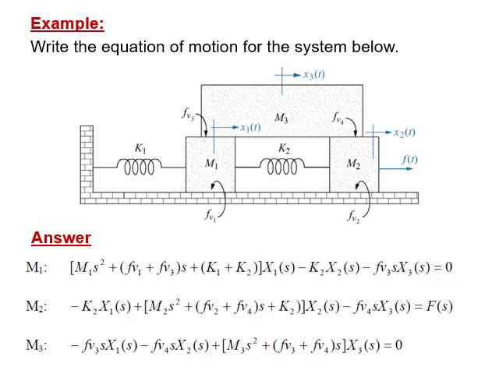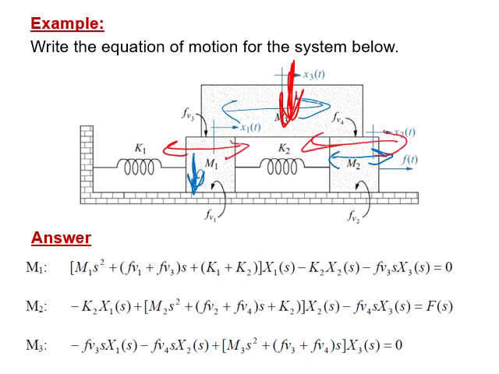Because if, let us say, I hold M1 and try to move M3, it's going to move. The same thing, if I hold M3, M2 will move. Same way, if I hold M3 and try to move M1 and M2, they are going to move. You see, here is the second motion.